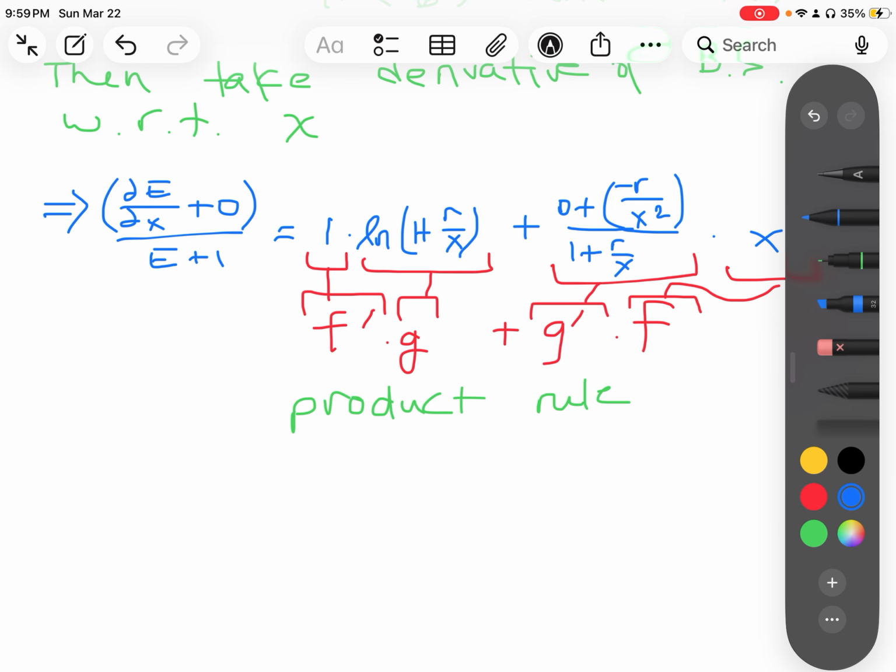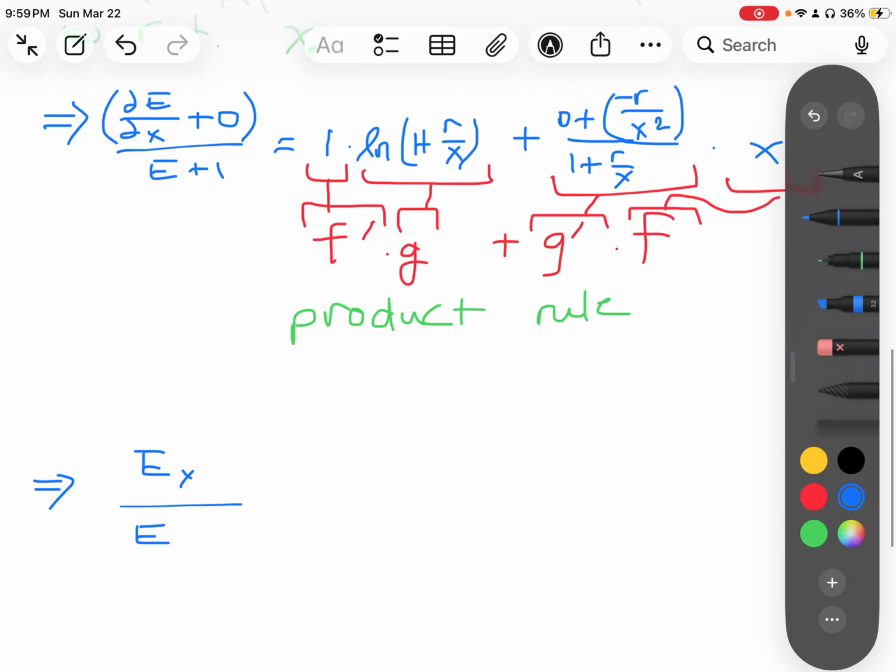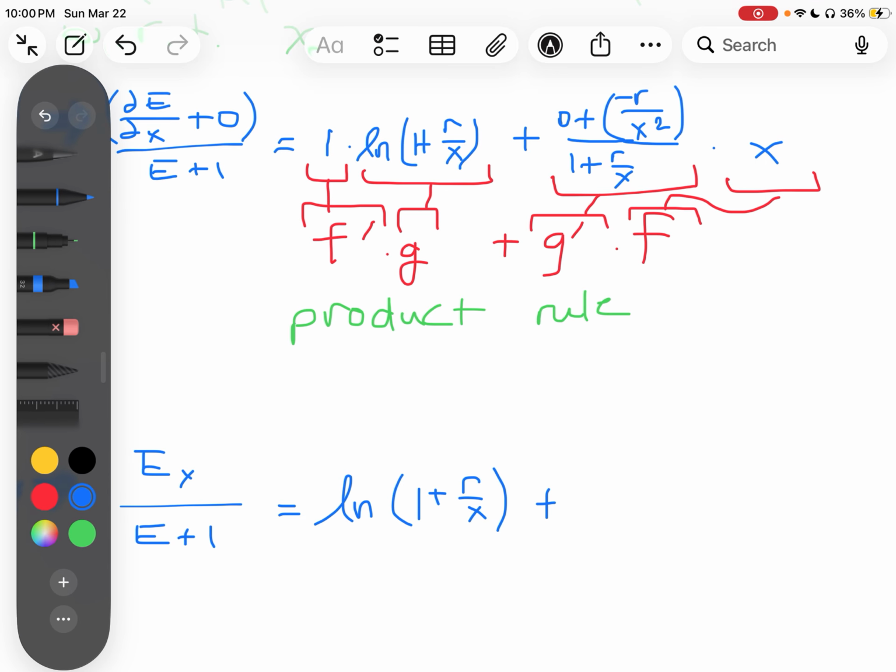Now, let's simplify everything. I'm going to rewrite this as e sub x, just how they wrote it in the question. So it's e sub x over e plus 1 equals ln of 1 plus r over x, and I'm going to simplify this last part. Actually, I'm going to say minus, because we have that minus sign here.